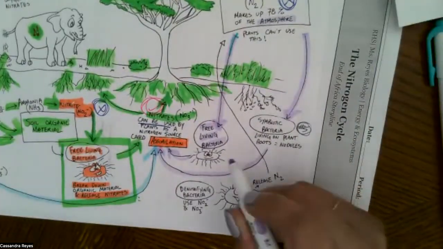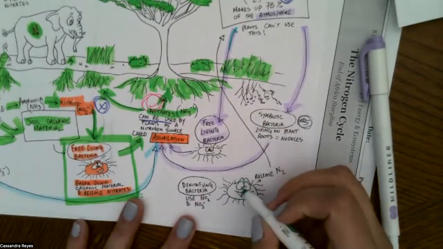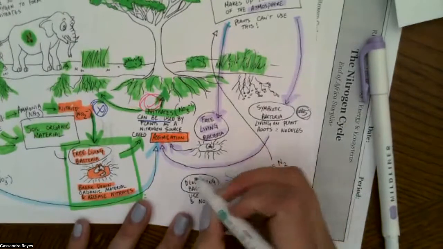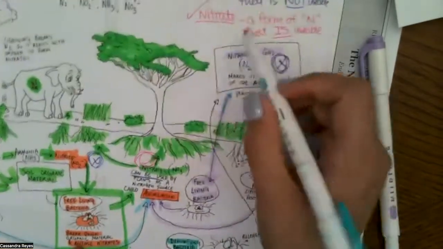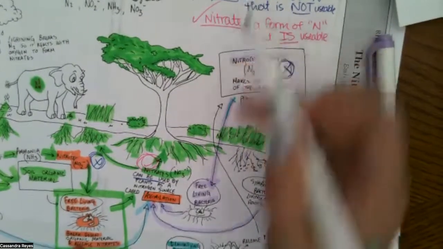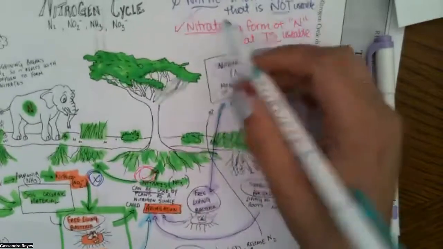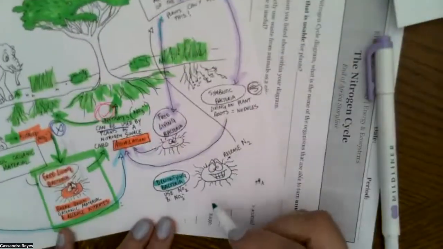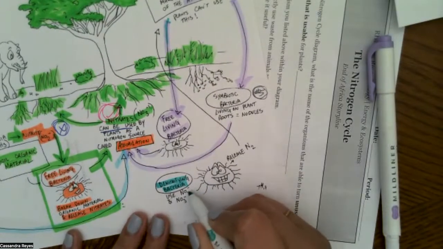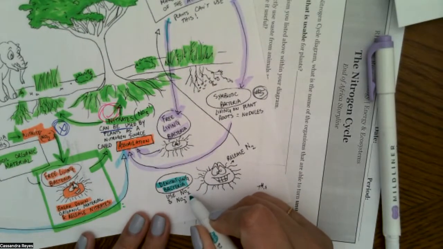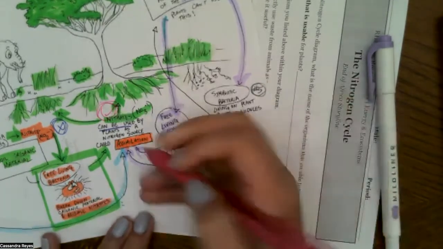Okay, so now we can finally look at the last one over here, and that is this denitrifying bacteria. Guess what it does? It denitrifies. Denitrify, nitrate. Okay. So he's going to use this unusable form, so wait, let me mark that up as unusable.